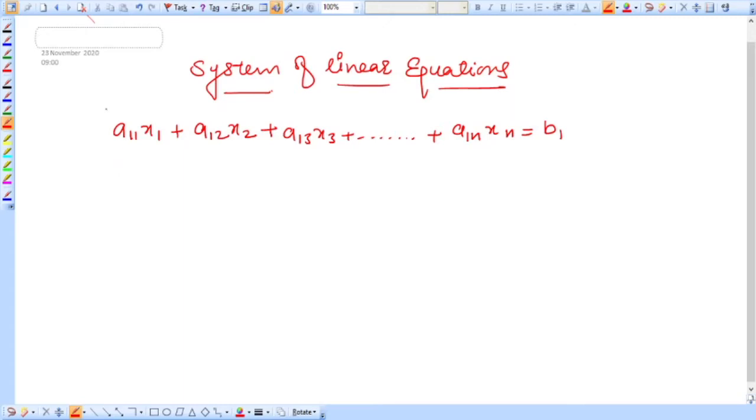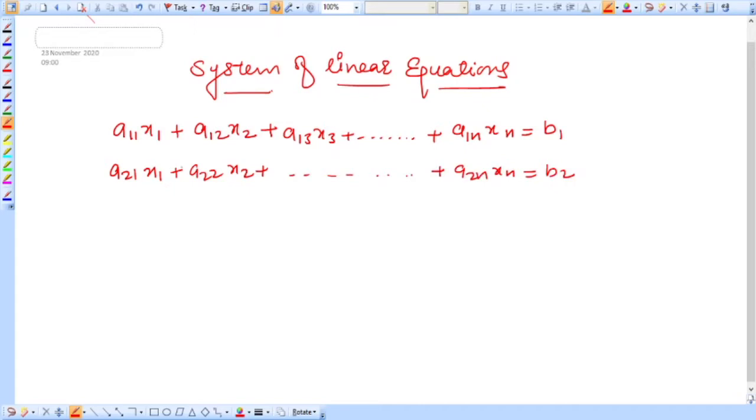Secondly, this is one equation, so we will be writing m equations. Together they constitute a system of linear equations. So the second equation is a21 x1 plus a22 x2 and so on, plus a2n xn equal to b2.